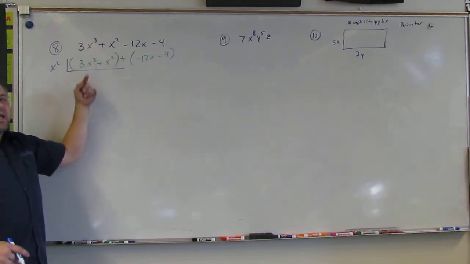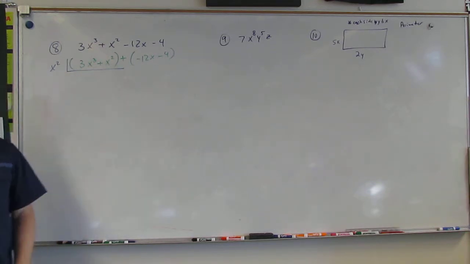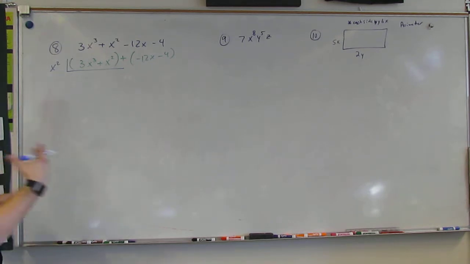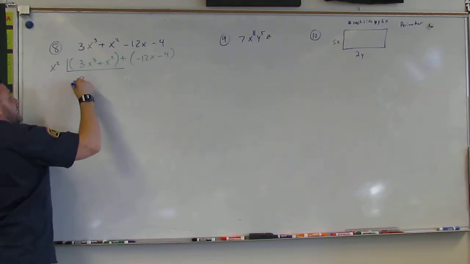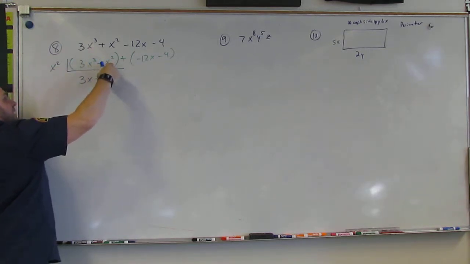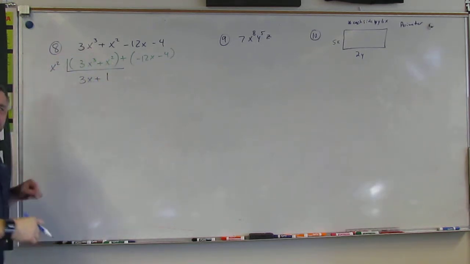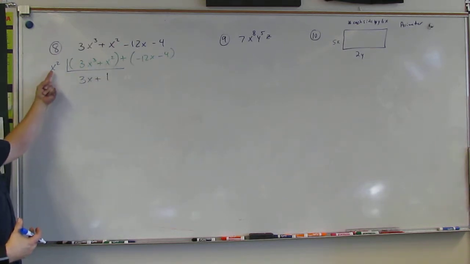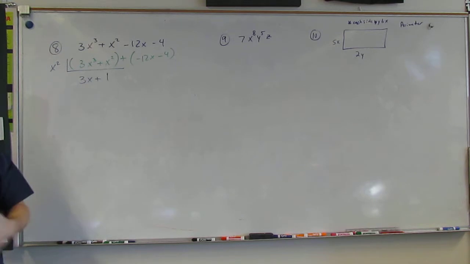I can't take 3 away from 2. So I take out x squared and I get 3x plus, now if I take this out, there has to be a 1 there. Does that make sense? Because to get back to it, I have to say this times 1 is this. That's all upside down division is.